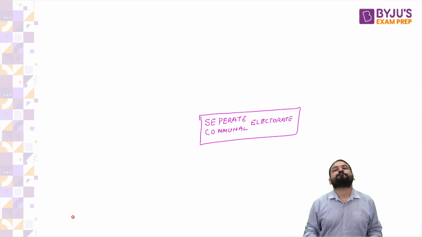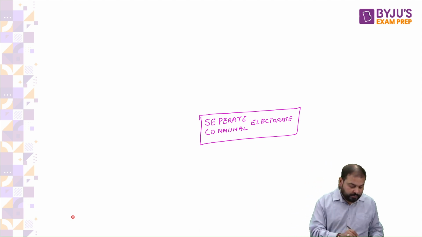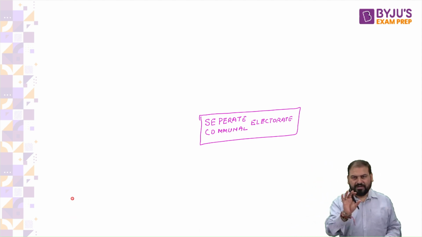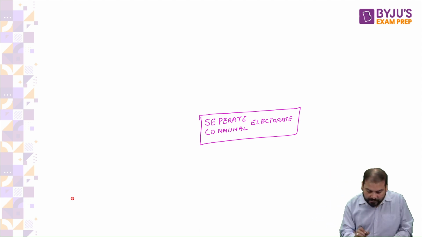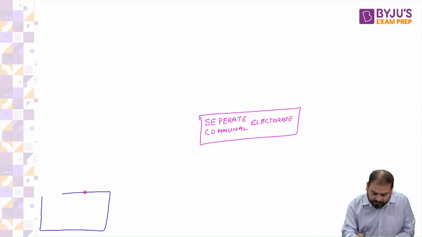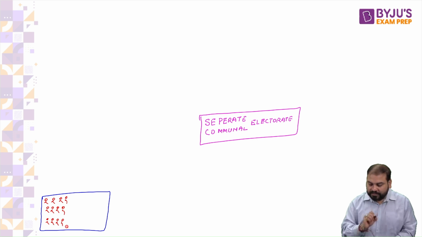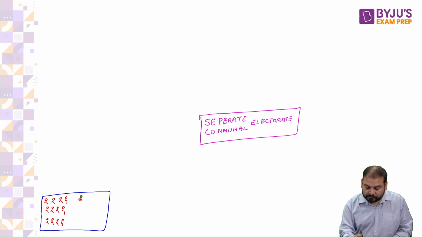See, I'm giving you an example to make things clear to you people. Let's say this is a constituency. In this constituency, these are Hindu people. And let's say these are Muslims.